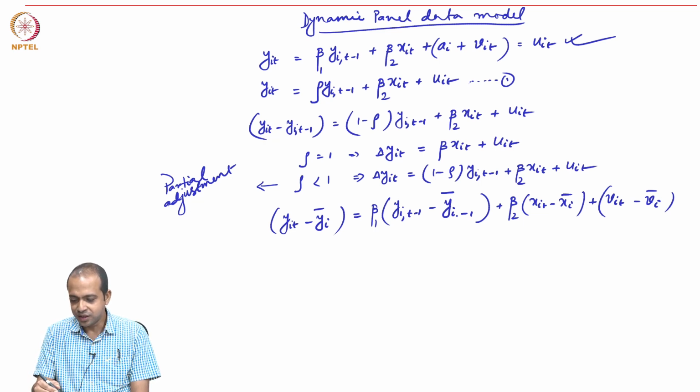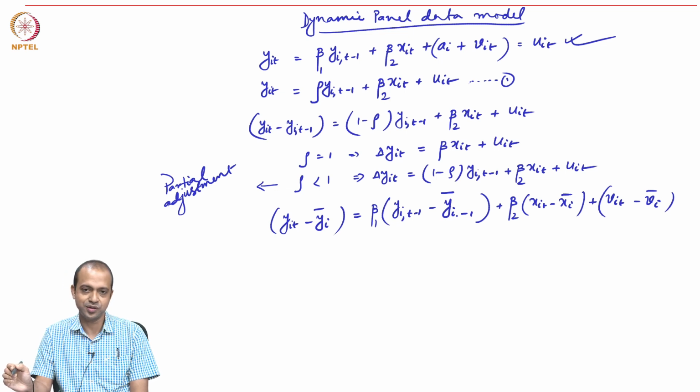That is why this fixed effect transformation cannot rule out the correlation between one of your explanatory variables and the transformed error. At the same time, when you calculate the mean y_i,minus 1 bar, that also includes y_it, and that y_it would be correlated to this v_it.